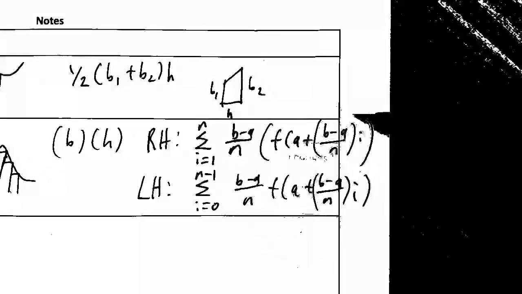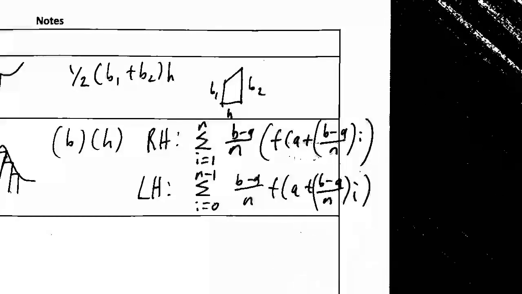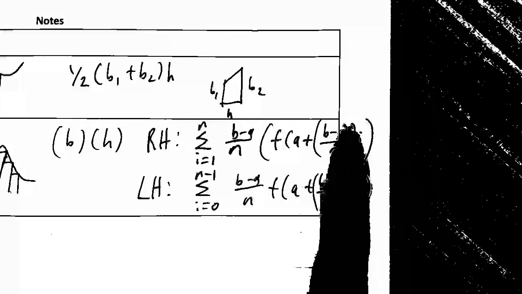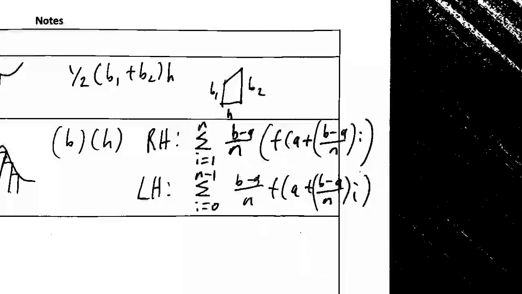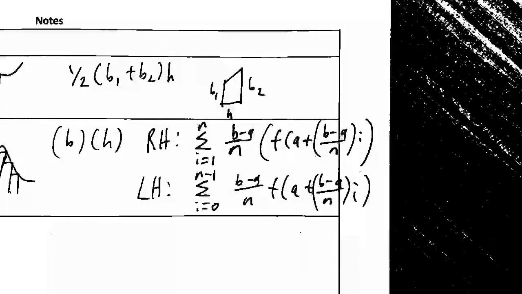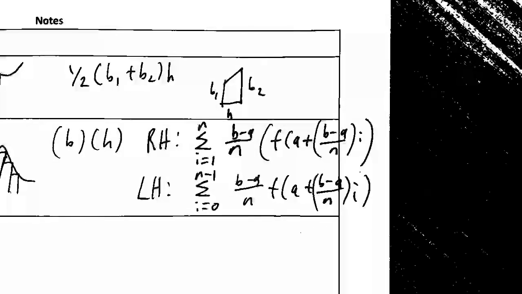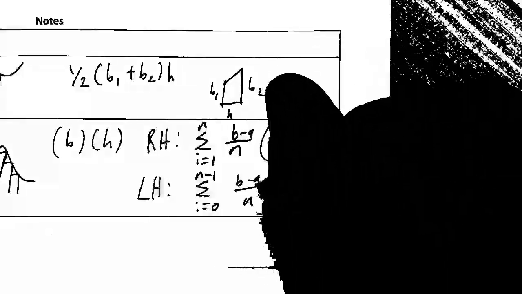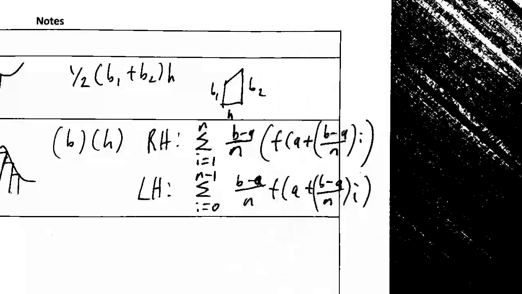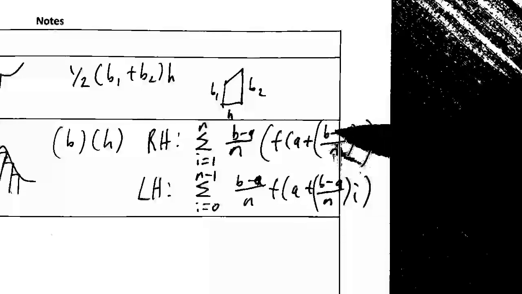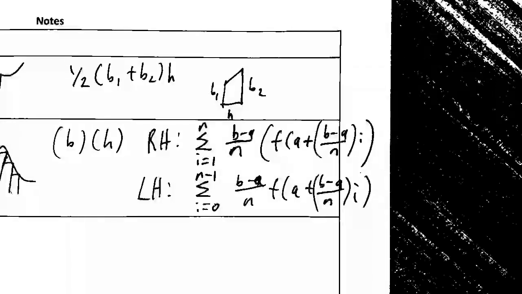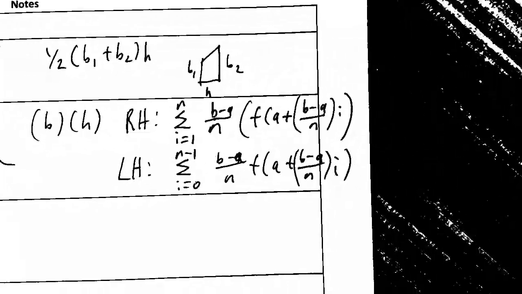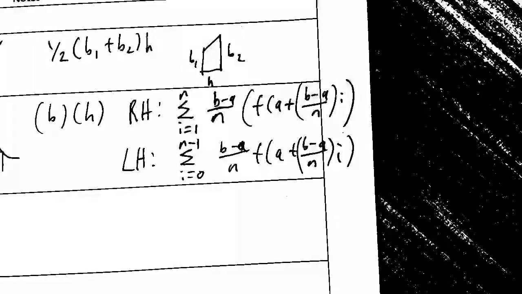Right-handed, we start at 1. Left-handed, we go to n minus 1. Right-handed, we go to n. But this side is the exact same. The left side represents the width, and the right side represents the height, the output of that starting point plus the width times i. We have some problems that'll go over that in a bit.